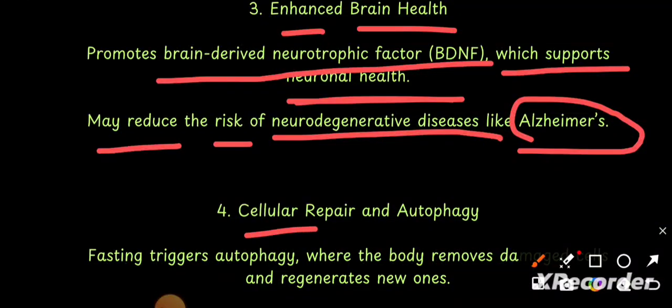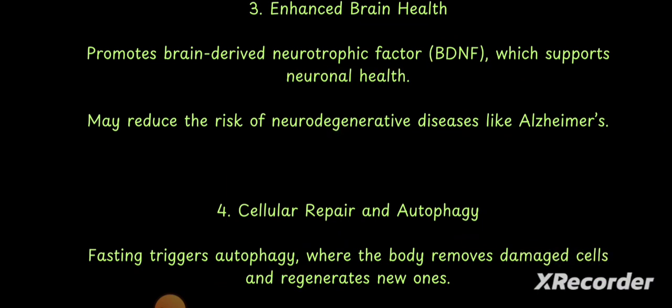And it can also have cellular repair and autophagy. Fasting triggers autophagy, whichever way you want to pronounce it. Autophagy mainly tries to remove our own wastes from our cells. It also tries to remove the damaged cells and helps to regenerate new ones.